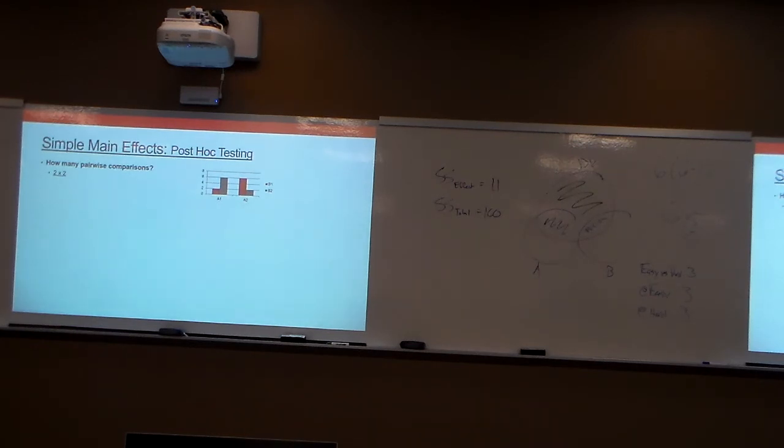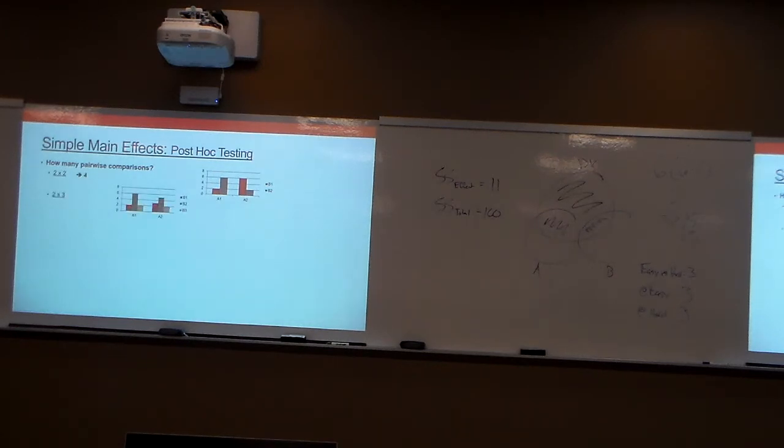B1 with A1 and then B2 with B2. Okay, so we go B1 with A1, so we can go here, and we can go here, and then we got these 2 and these 2, right? So we got 4 meaningful comparisons. We've got 6 possible pairwise comparisons, but only 4 that are meaningful.